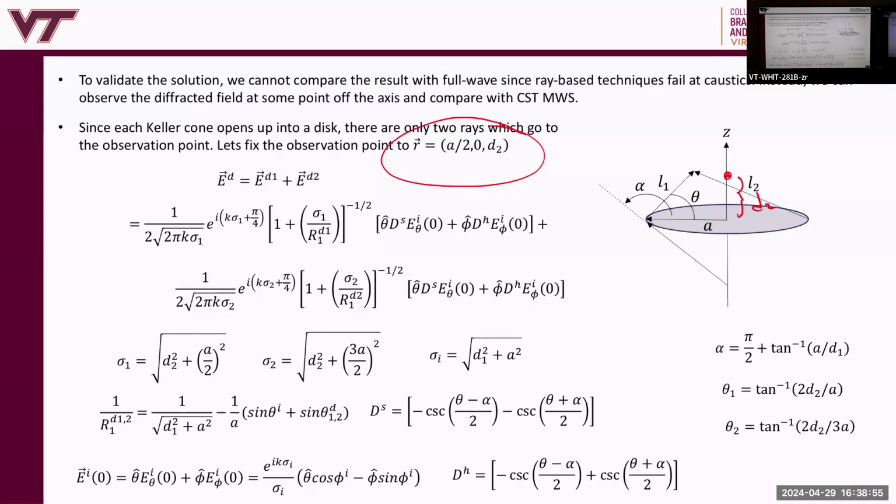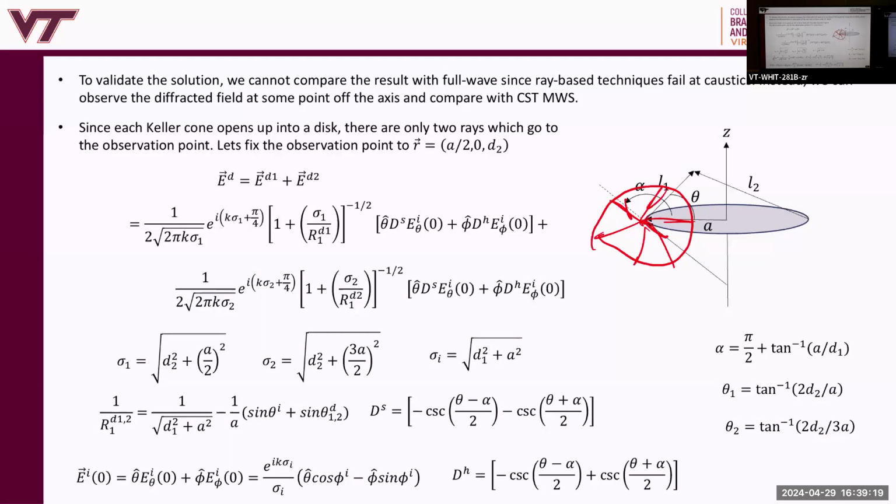And at that point, we only have 2 rays that contribute, right? Since the Keller cone is always a disk. So let me show you what that looks like. The Keller cone is always a disk, right? So that means this ray diffracts in this plane, right?